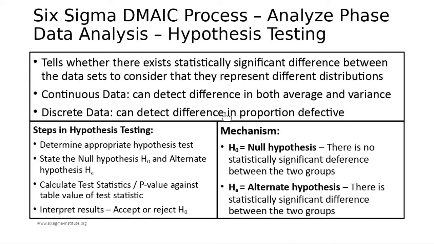As for the mechanism of the hypothesis test, usually you have a null hypothesis, and the null hypothesis says that there is no significant difference between the two groups that you measured. And the alternate, which is HA, called the alternate hypothesis, says there is a difference between the groups in terms of the variation, the variance, or the average, or the proportion of defective.